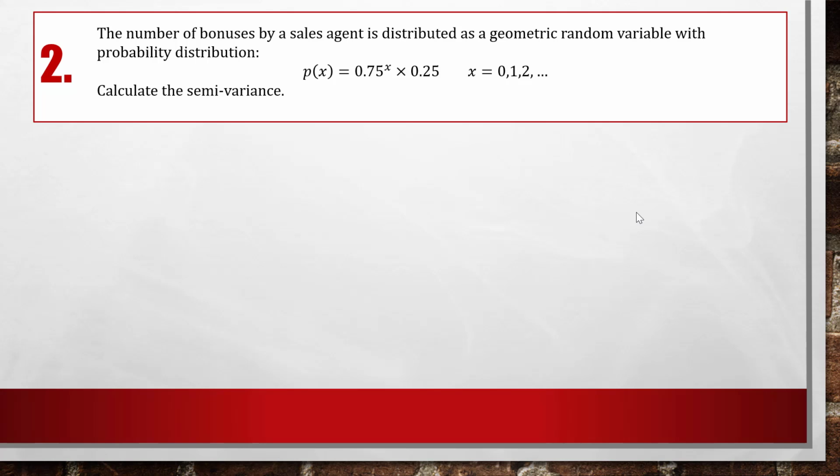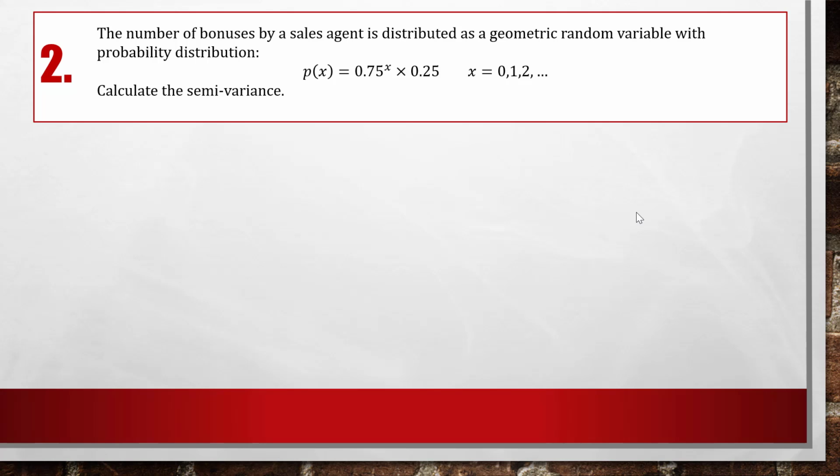Here the number of bonuses by a sales agent is distributed as a geometric random variable with probability distribution P of x equal to 0.75 to the x times 0.25, where x here can be any number from 0 to infinity, and we take only natural numbers. So here the list of possible values of x is infinite. So we cannot use the method in problem number 1. For this problem, we have to consider summation.